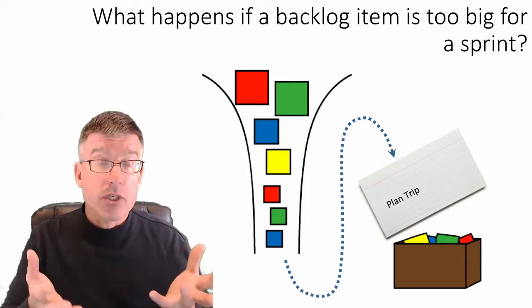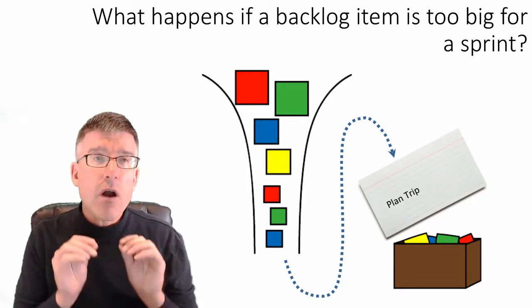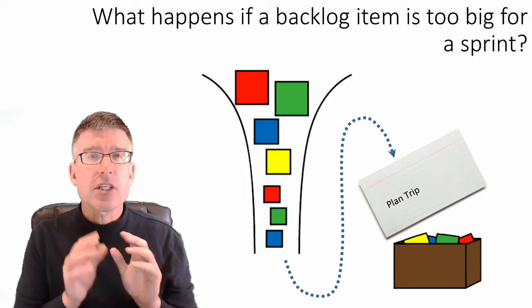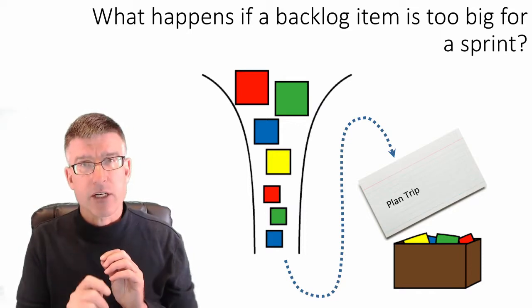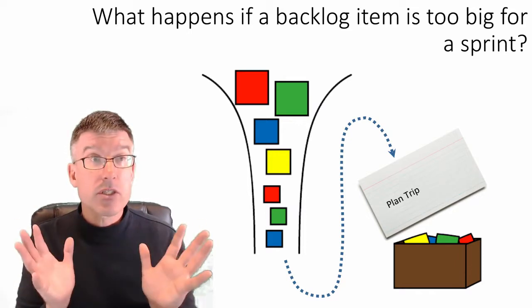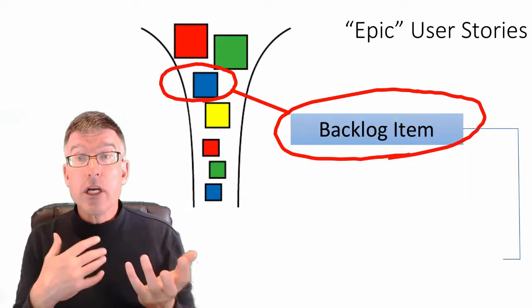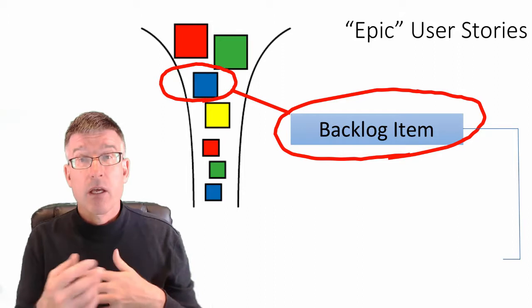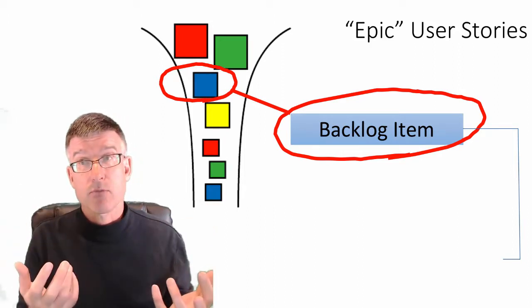Now, the question, of course, is what happens when we encounter a story that's far too big? In other words, it's not something that we can deliver in a single sprint or iteration. And these do exist. If you take a look at a backlog, it consists of a number of backlog items.